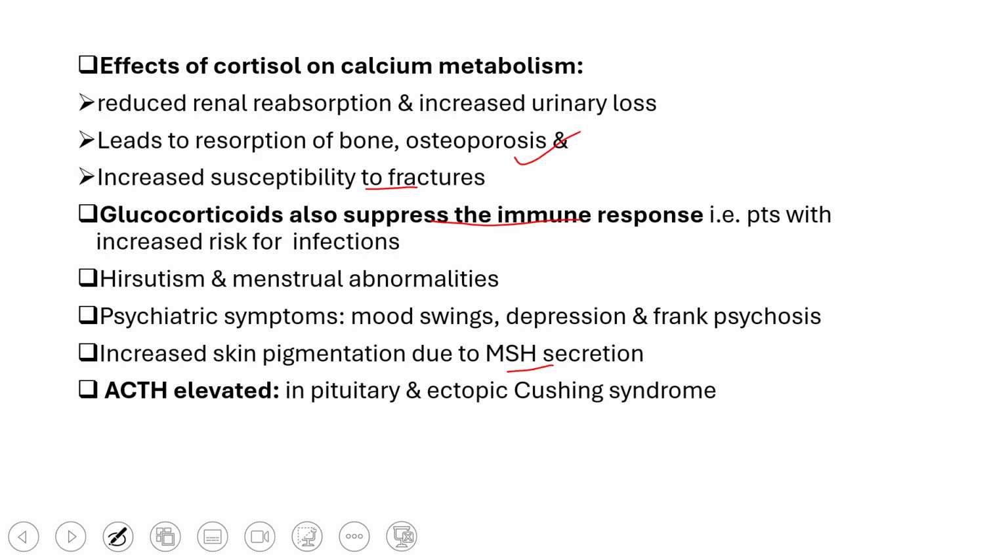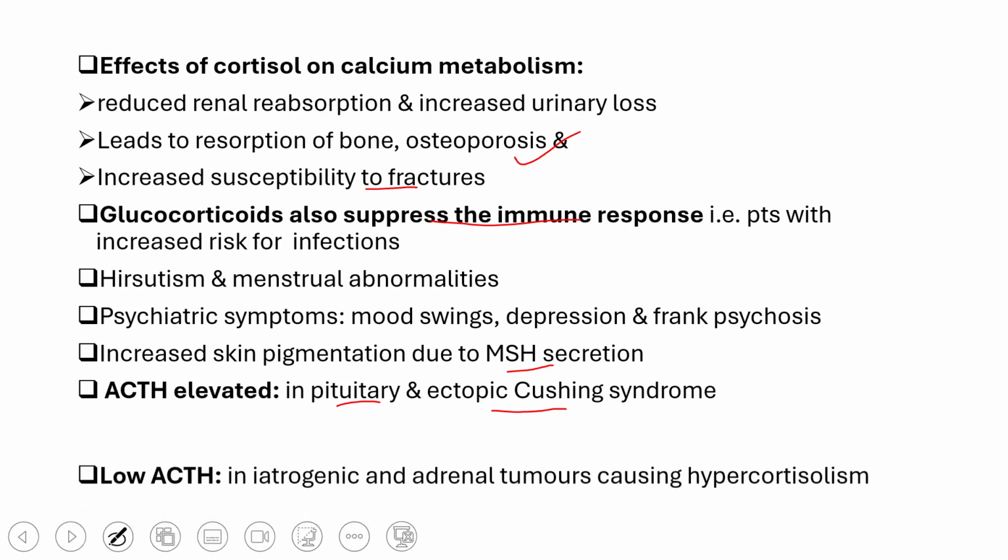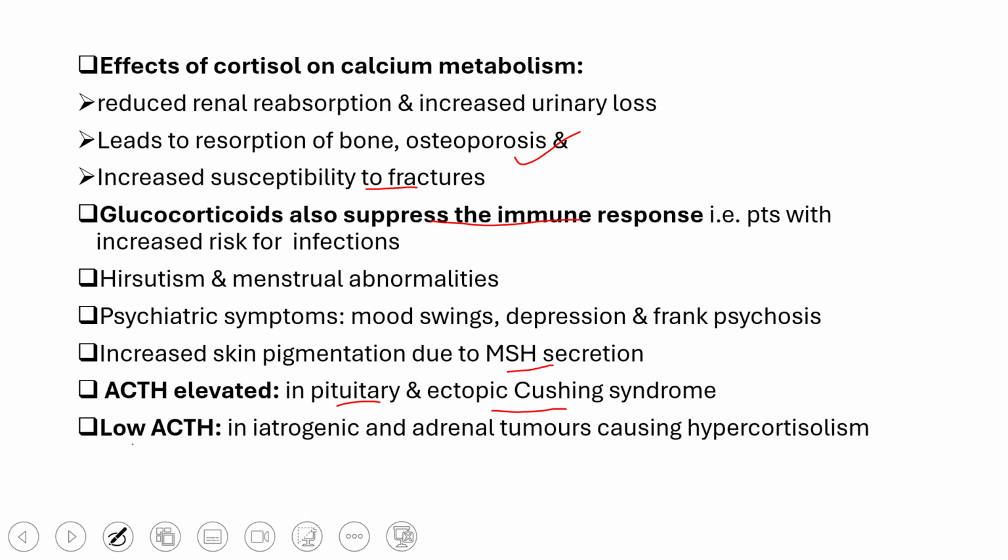Also the ACTH level will be elevated in both pituitary and ectopic Cushing syndrome, but ACTH level will be low if the Cushing syndrome is due to iatrogenic causes or adrenal tumors causing hypercortisolism.